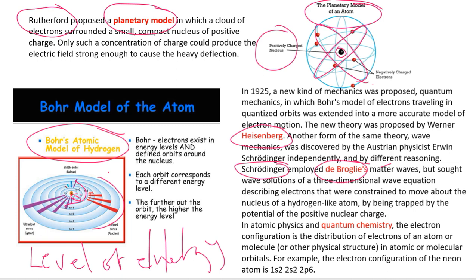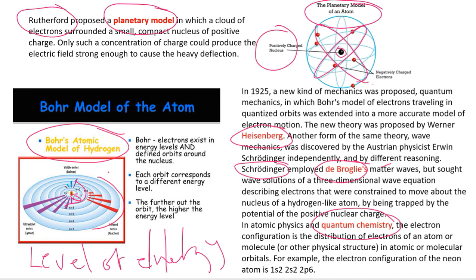And they proposed quantum chemistry, a theory that explains the structure of the atom, how the electrons are distributed in different levels of energy around the nucleus. And they say that the orbits were not exact circular orbits.